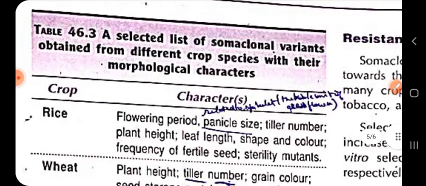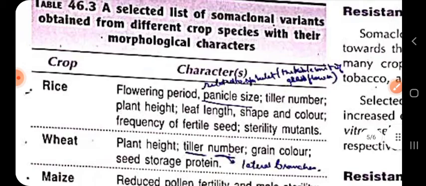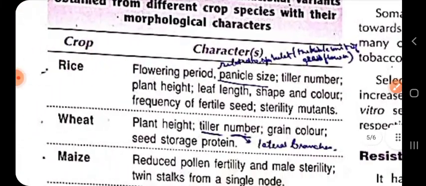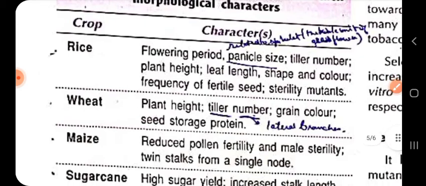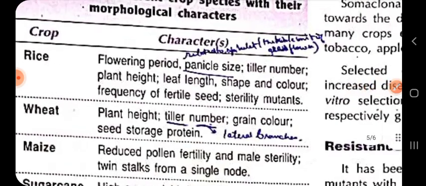46.1 shows the morphological character. This is with in vitro selection. All these plants have been developed having this beneficial characteristic with in vitro selection.